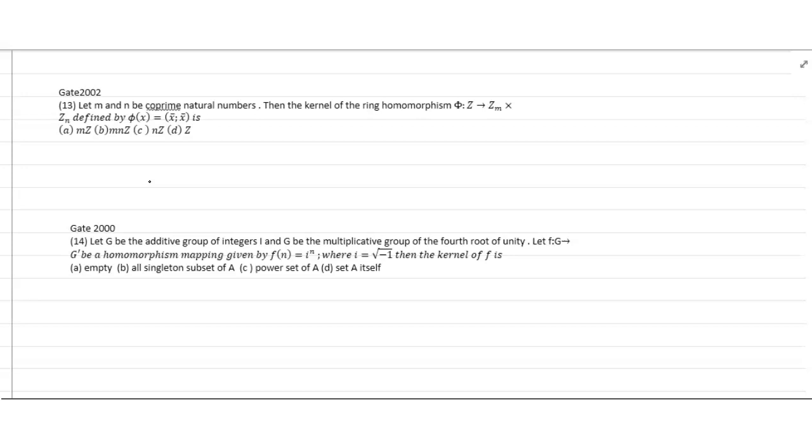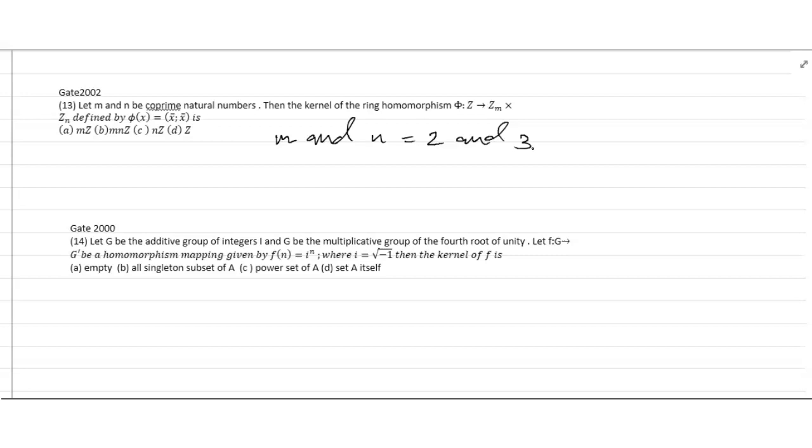Since m and n are co-prime natural numbers, I can take m and n equal to 2 and 3.